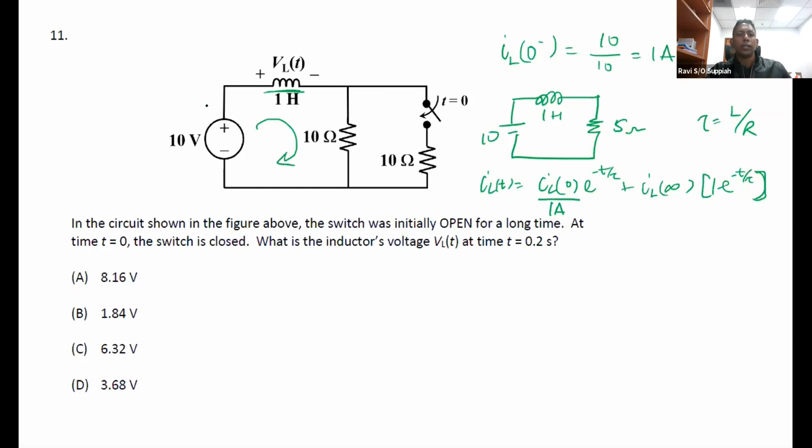So the only thing that you have in the circuit is this 10 ohm and 10 ohm in parallel, which is the 5 ohm. So the IL infinity will be 10 volt divided by 5 ohm, which is 2 ampere. And your tau is L by R, which is 1 divided by 5, which is 0.2.